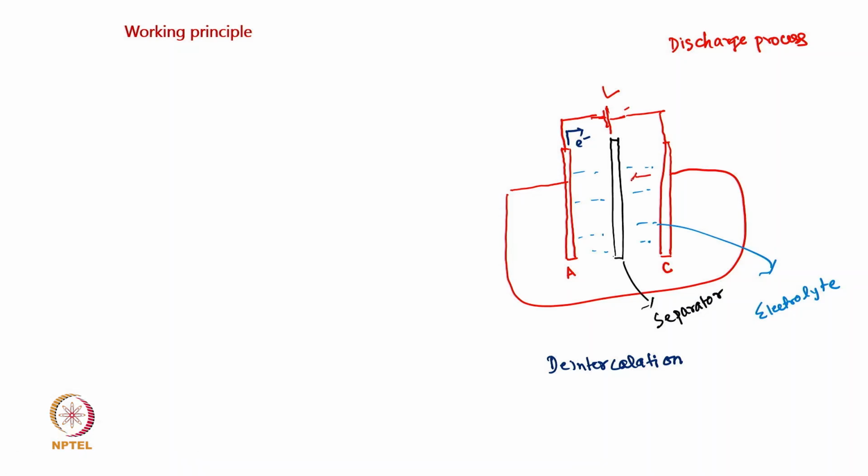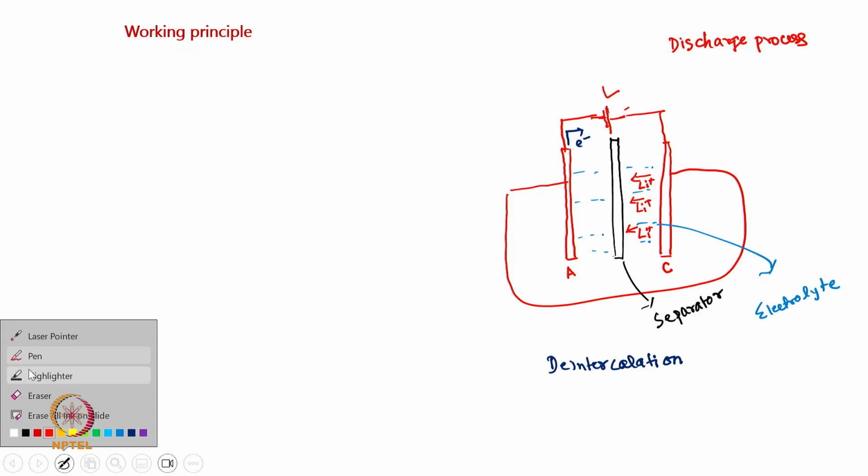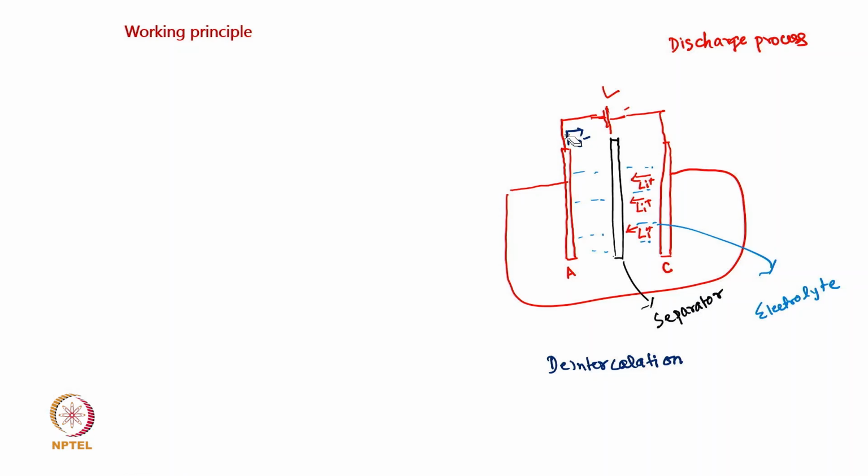So, now lithium goes from cathode to anode, all right, and then the path of electron also changes.